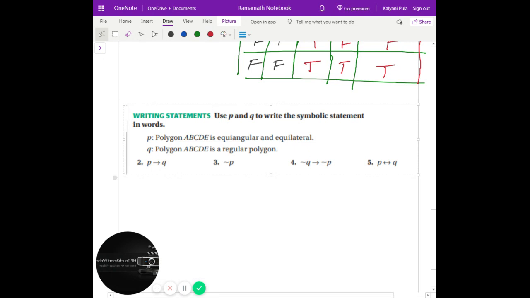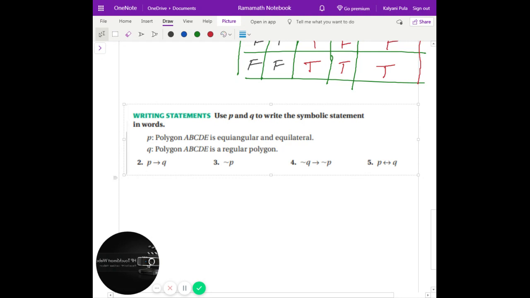Polygon ABCDE is equiangular and equilateral. Polygon ABCDE is a regular polygon.